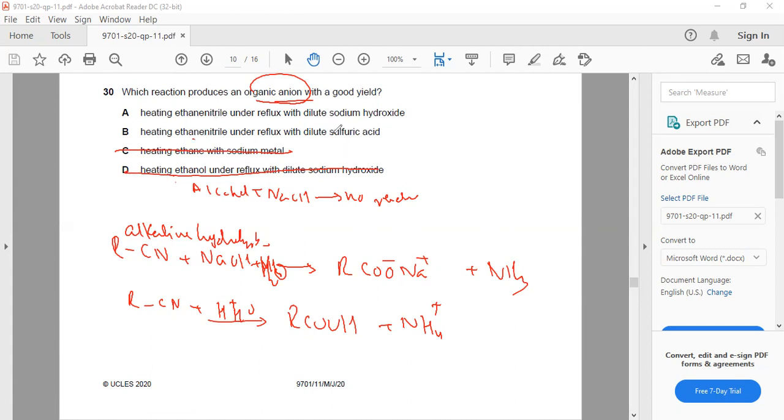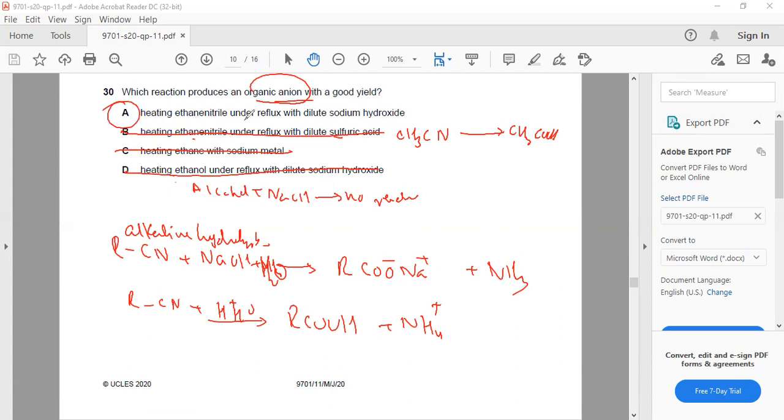Ethane nitrile reacts with sulfuric acid. It forms ethanoic acid. This is ethane nitrile; in acidic medium, it forms a carboxylic acid. This is wrong. So even if you don't know this equation, you apply this rule, which can be cut. So this is the answer.